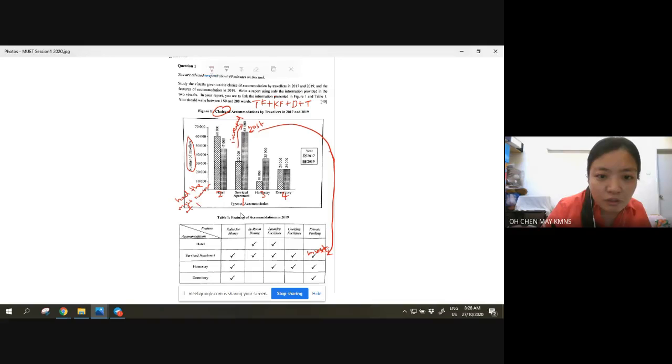Okay, wait, you don't follow this yet. All right. This year, what happened was, as the examiners were marking, they were told that if anyone wrote this had the most number of travelers, they are supposed to get it wrong. Why wrong?